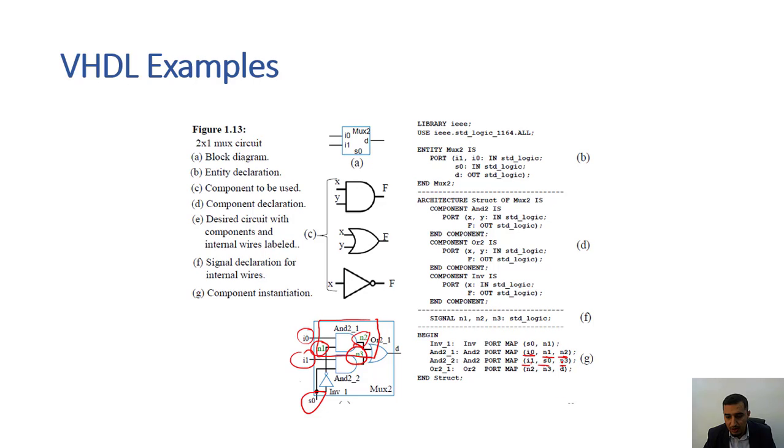The final gate, the OR gate, will take N2, N3 and give us D. This is just using component instantiation. Of course, you can write the same program using a normal function by writing the digital form of this function.